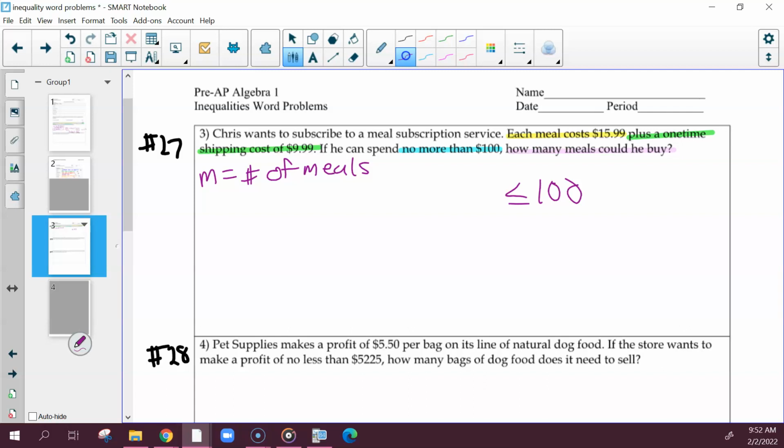Because in this case, each meal and number of meals, those two things are going to go together. So we have 15.99M plus 9.99. Sometimes it will give you words like plus, as in addition to. Sometimes it won't. And then to solve this.